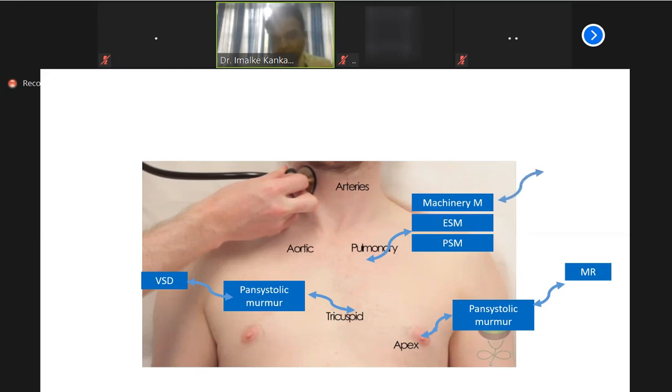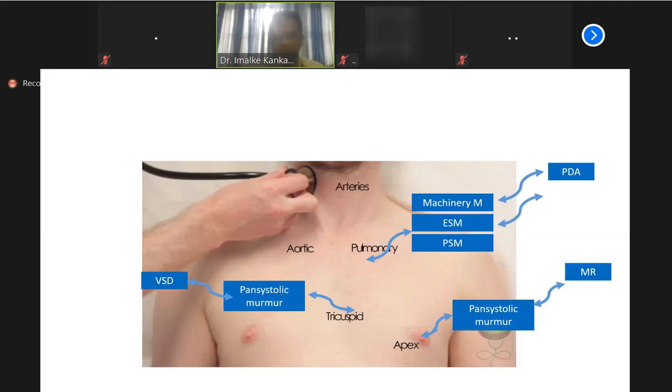If you hear a machinery murmur in the pulmonary region or under the scapula in a small baby, less than 1 year, you are going to diagnose PDA, because most of the other patients would have had the treatment. In that case, your pulse will be high volume and the blood pressure will have a high pulse pressure.